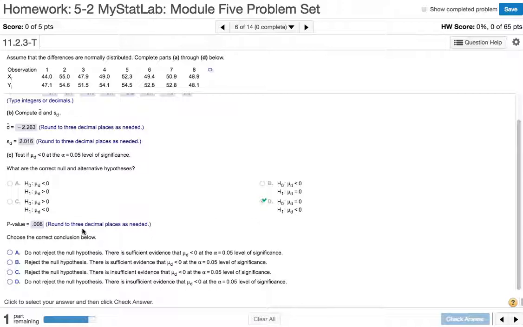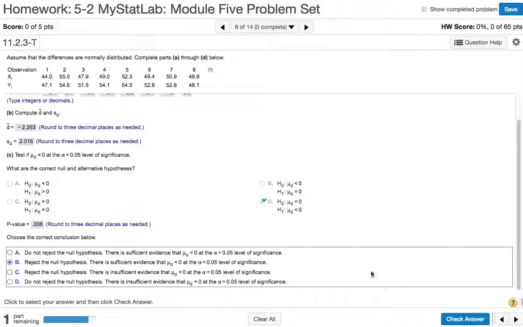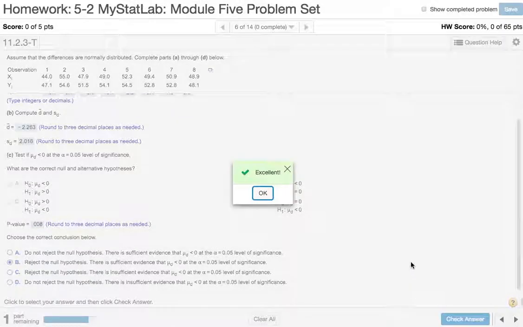So we would reject because this is very far out in the tail, and we are looking at 0.05, and this is much lower than that significance level. So we would reject the null hypothesis. So let's check our answer.